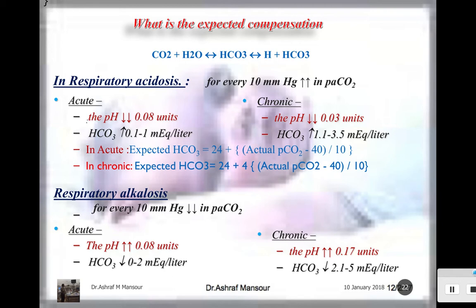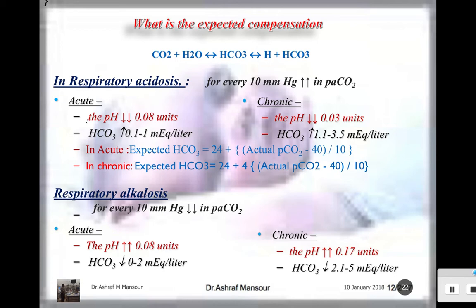For every 10 mmHg decrease in the PCO2, there will be increase of 0.08, while in the chronic increase by 0.17. And the calculation here in alkalosis is more accurate in the acute, not in the chronic.